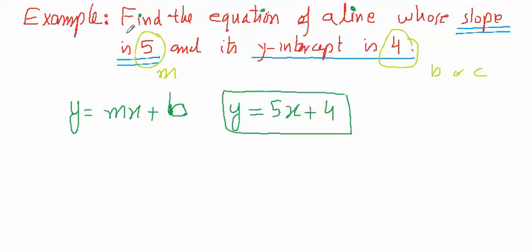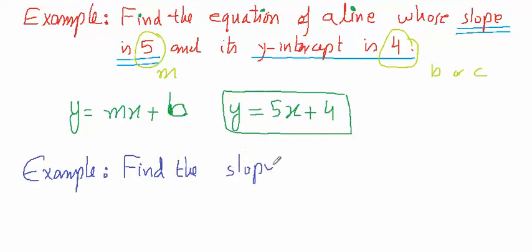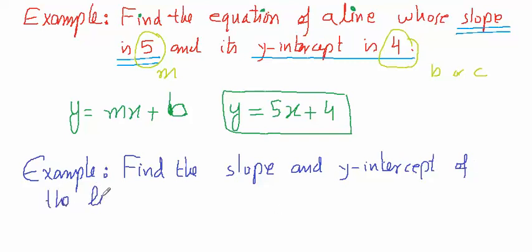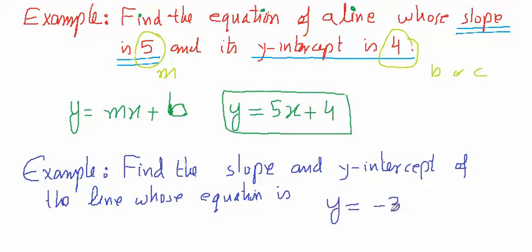So now we'll do one more example, the reverse question, where the equation is given and we have to tell what the gradient or slope is and what the y-intercept is. The example is: find the slope and y-intercept of the line whose equation is y is equal to negative 3x plus 1.